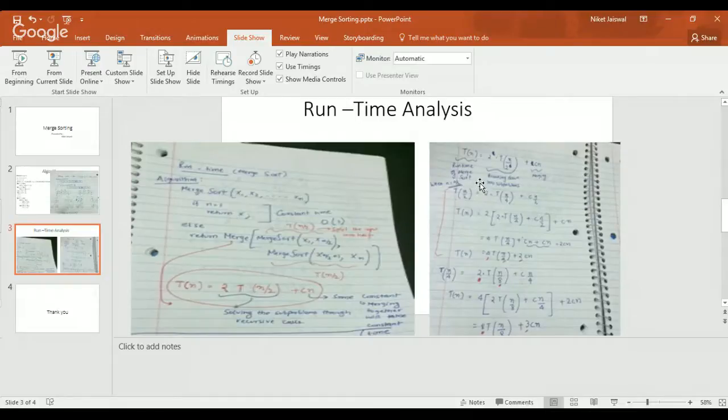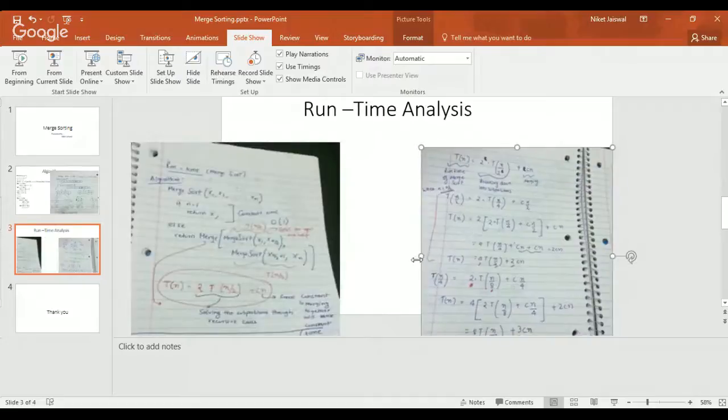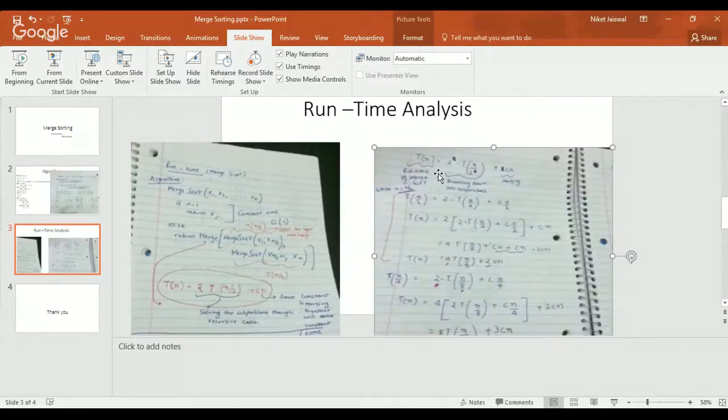So my running time would be T of n, 2 times this. First I'm going to minimize this part. I will expand this. My T of n is 2 times T of n by 2 plus some constant time.